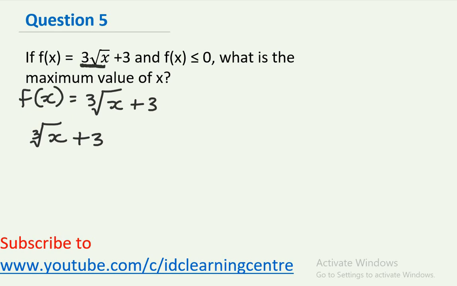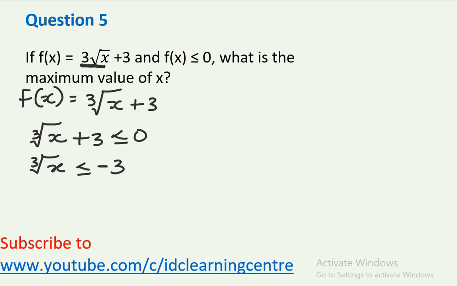So the cube root of x plus 3 is less than or equal to 0. So to solve this, we need to collect like terms. Let's start with that. The cube root of x is less than or equal to, move plus 3 to the right hand side, it changes to minus 3.